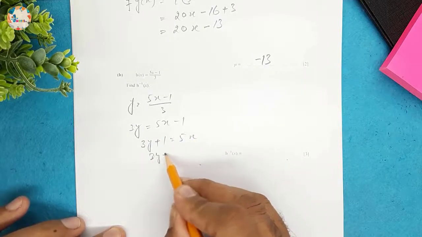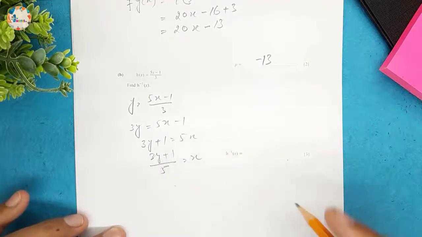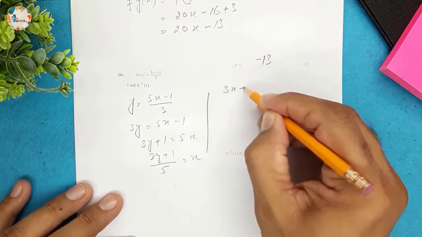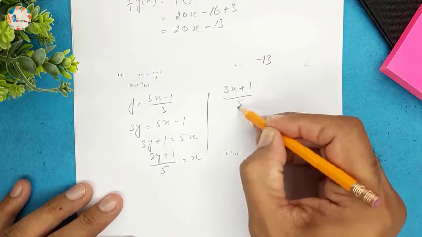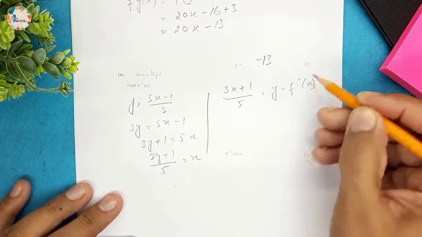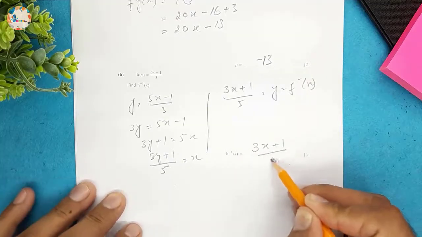So 3y plus 1 over 5 is equal to x. Now we can swap, so 3x plus 1 over 5 is equal to y, which is the inverse of x, and this will be our answer: 3x plus 1 over 5.